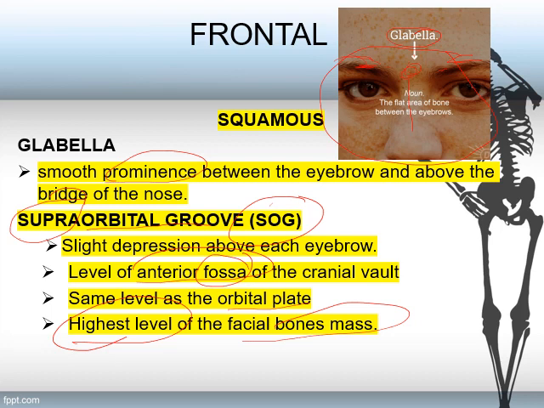So, remember ha, these parts of the frontal bones and other facial bones and cranial bones that we will discuss here, they are very important, especially later when you have your radiographic positioning. So, kung sa ngayon pa lang, medyo familiar na kayo, at least, pagdating ng positioning nyo, it will not be that difficult na because you have already an idea.